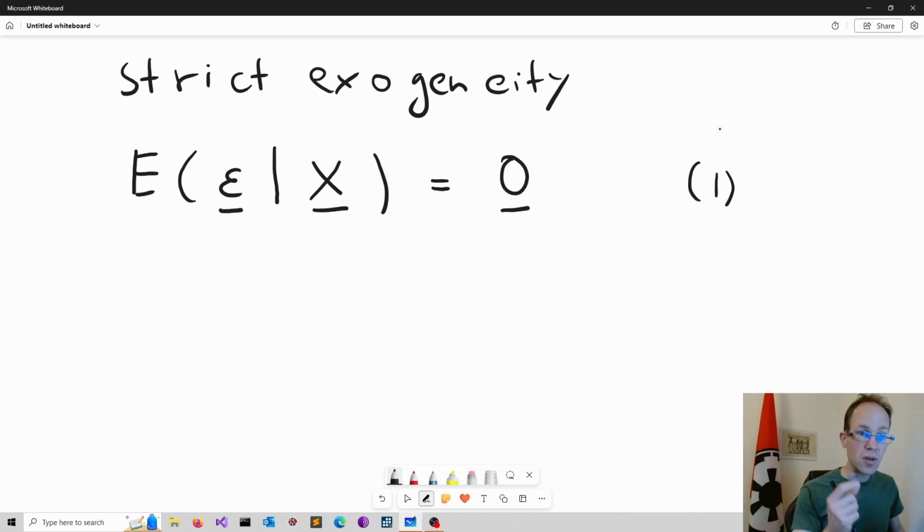The condition that we observe the data matrix means that all the values of these k variables plus the constant are known. So we don't treat them as random variables.